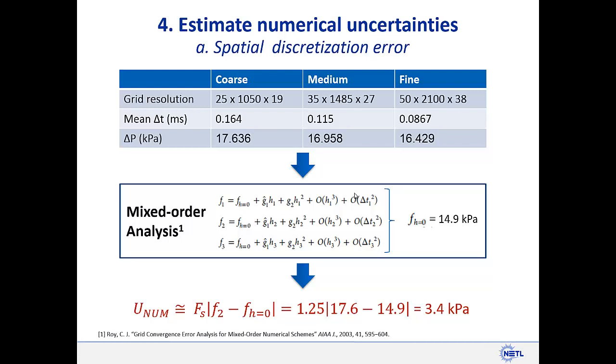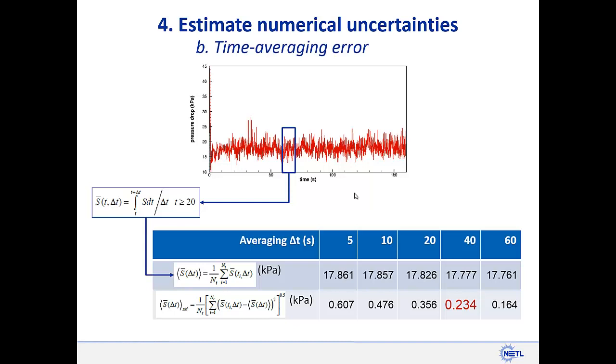The second source of numerical uncertainty comes from time averaging. Okay, so this is a pressure drop as a function of time that we calculated, and what we need is actually an average pressure drop. But you can see, it fluctuates a lot. We can throw away some initial fluctuations, then it pretty much reaches a statistical steady state, and you can calculate an average pressure drop by time averaging over certain windows.